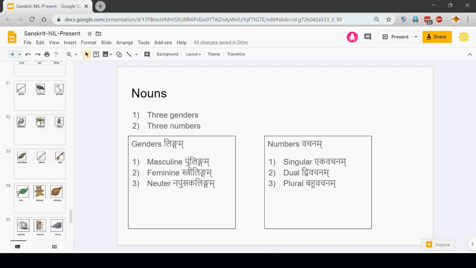Nouns represent some object. That object can be real or unreal, abstract, any kind of object.